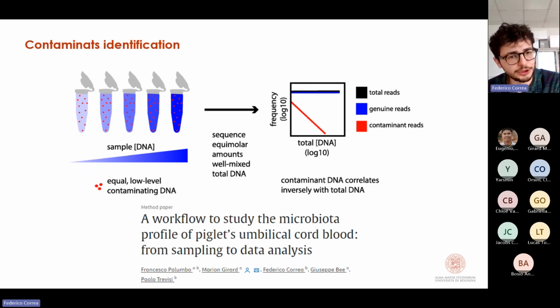For this kind of samples, usually it's very important to estimate which bacteria is a contaminant and which is not a contaminant. So some methods have been developed in the literature. There is one that is focused on a principle that usually contaminant DNA follows a specific trend. This trend is that when you increase the DNA, usually the contaminant abundance decreases.